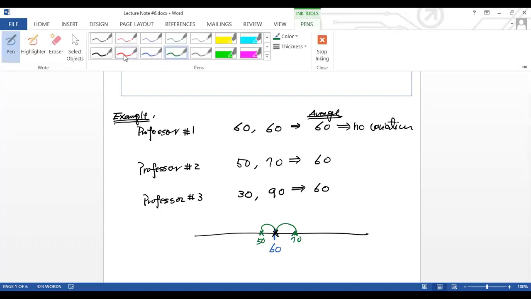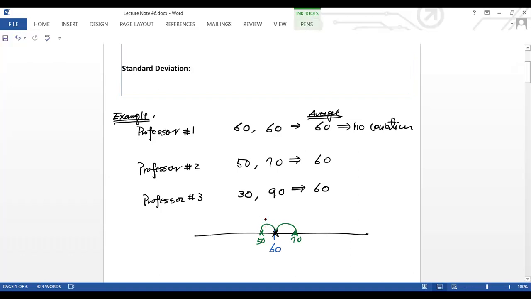Now if you take a look at the third one, professor number three, I have one student who got 30, and the other student got 90. Obviously, these two students have a big variation, correct? You will see from the graph that both of them have a big variation from the mean.